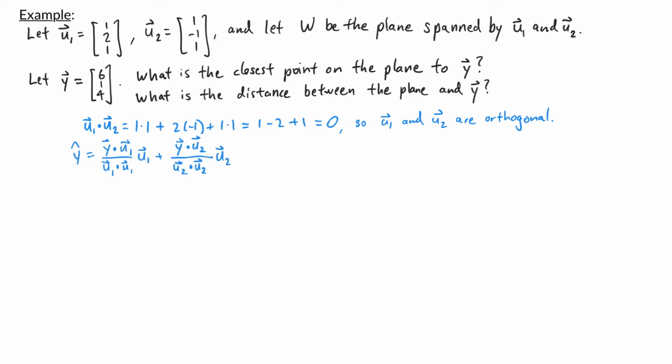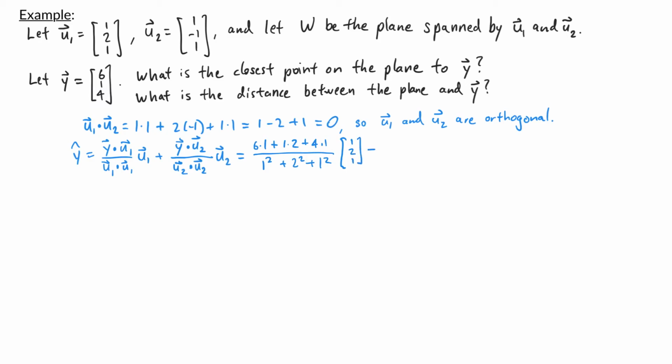So now we can use the projection formula. y hat is equal to y dot u1 divided by u1 dot u1 times the vector u1 plus y dot u2 divided by u2 dot u2 times the vector u2. So we have y dot u1, which is 6 times 1 plus 1 times 2 plus 4 times 1, divided by u1 dot u1, which is 1 squared plus 2 squared plus 1 squared, times u1, which is 1, 2, 1.